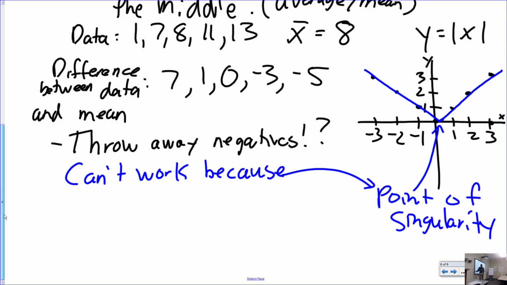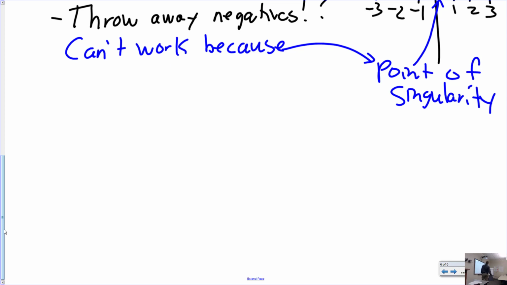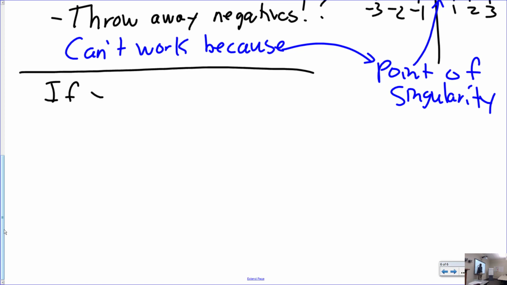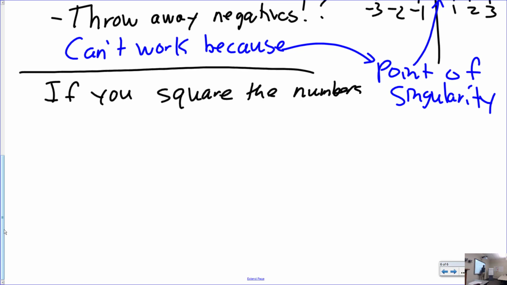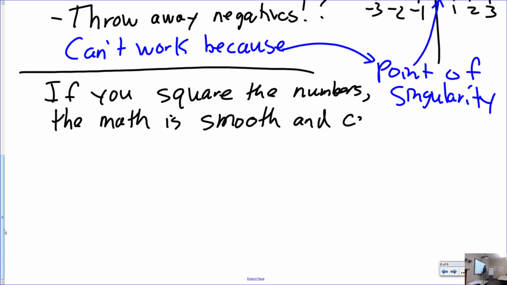So what mathematicians discovered, in a joint relationship between math and statistics, is that if you square the numbers, math is smooth and can be analyzed.